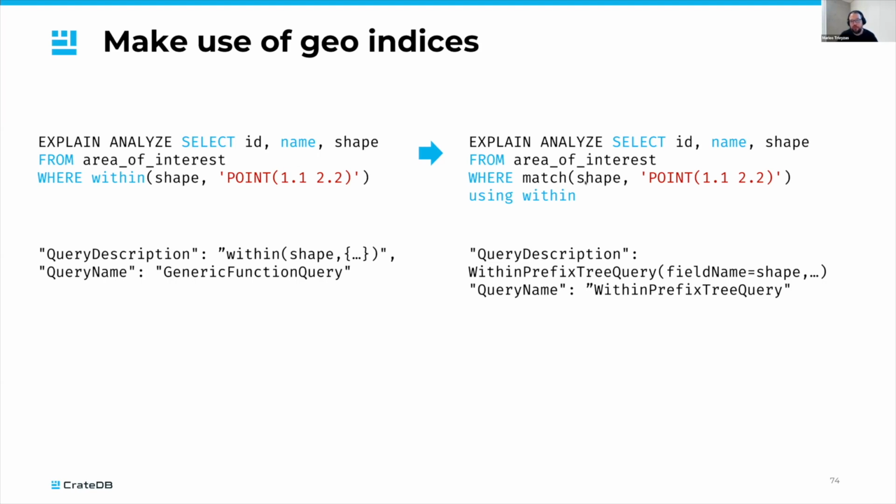But when you use the correct geo related functions to do your matching, then you can see that you are actually using the Lucene geo queries underneath, which will be much more performant and will filter out your data without a full table scan.